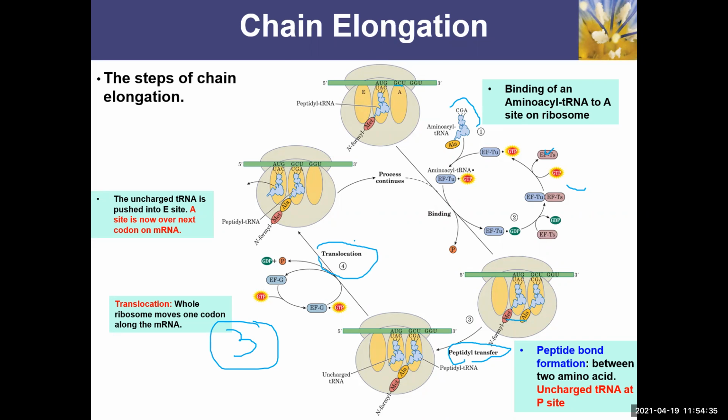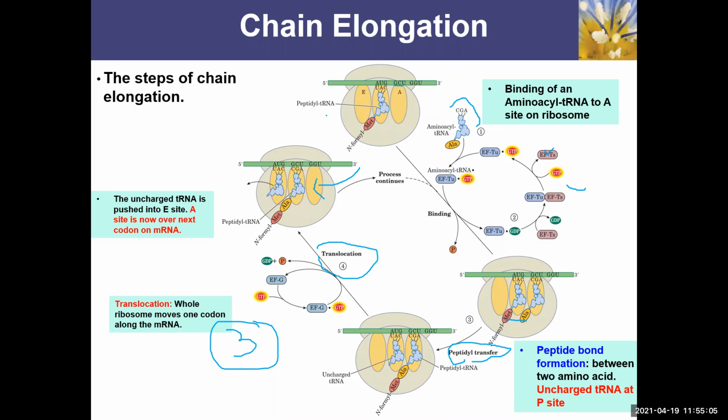As it moves down, the uncharged tRNA will move to the exit site, and the other one will move to the P site. So one will be in the E site and another one will be in the P site, and now the A site is again empty. Now the third tRNA will come into this acceptor site once again, and the process is going to repeat and repeat and repeat.